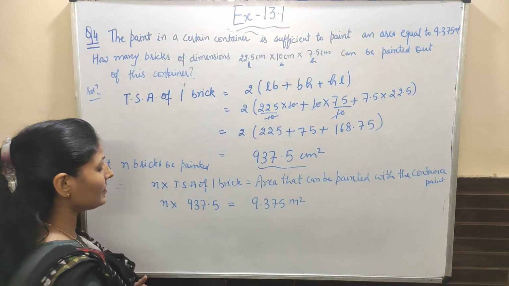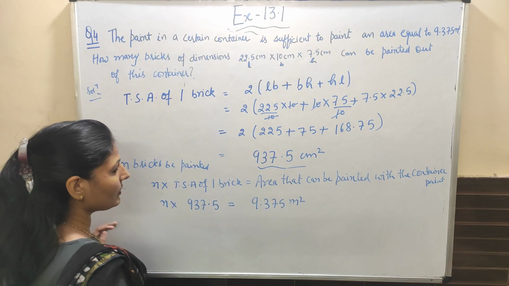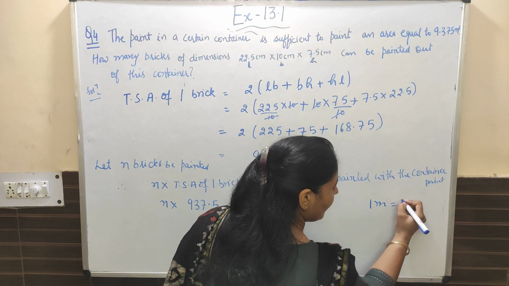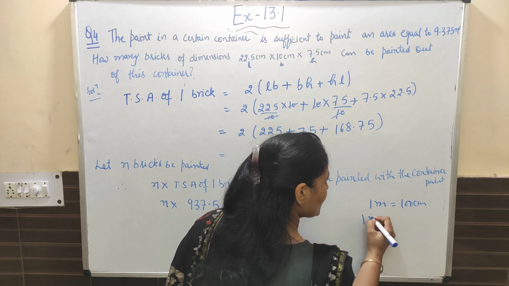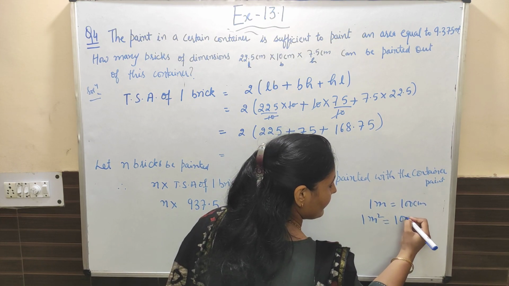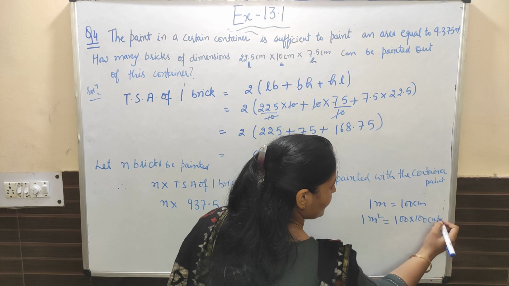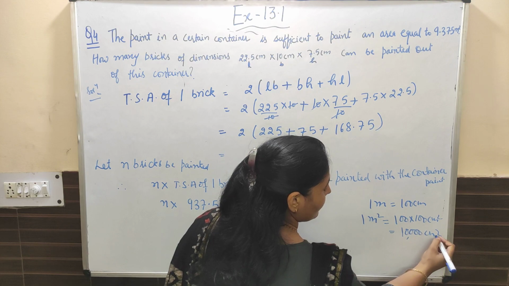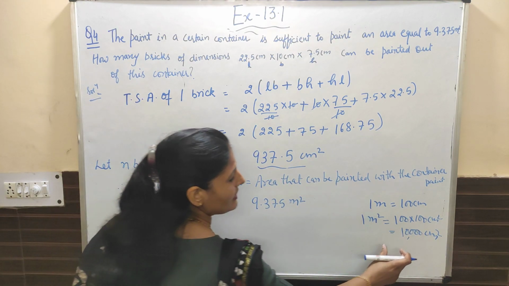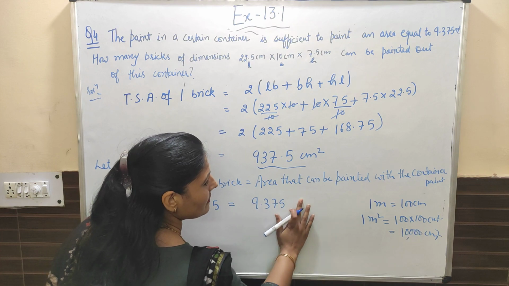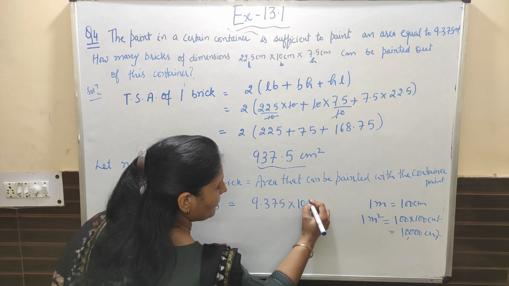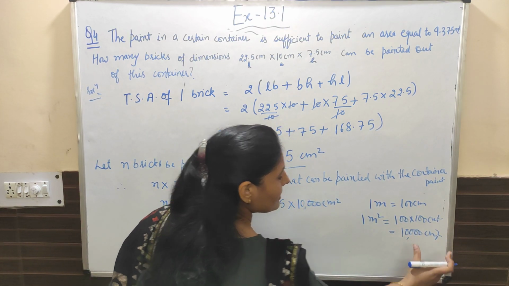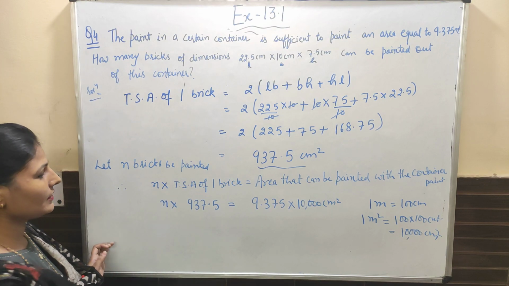It means we have to convert. Convert any one of them. If you convert meter square: 1 meter is 100 centimeter, and 1 meter square will be 100 into 100 centimeter square, which means 10,000 centimeter square. So in place of meter square, 10,000 centimeter square will come. I hope it is clear.